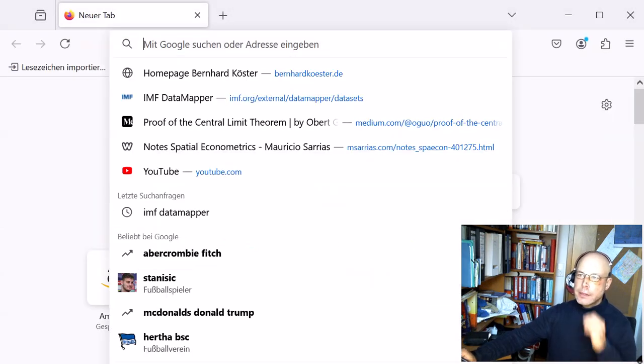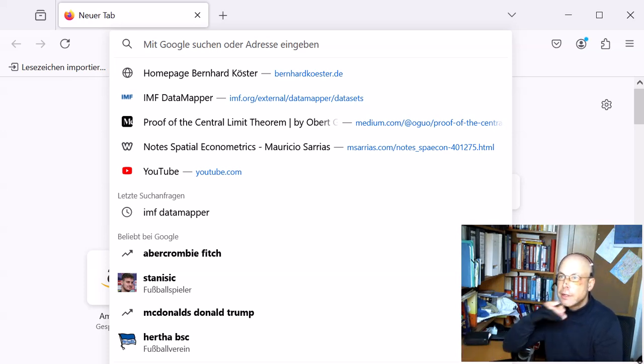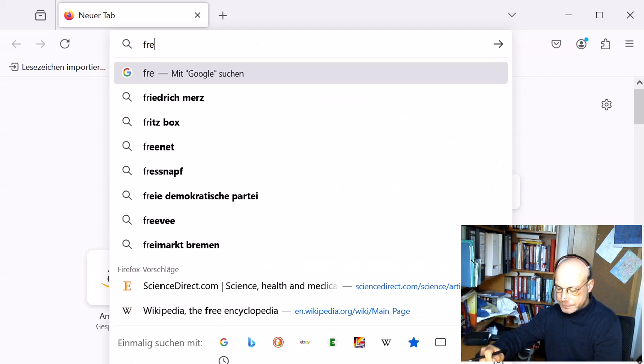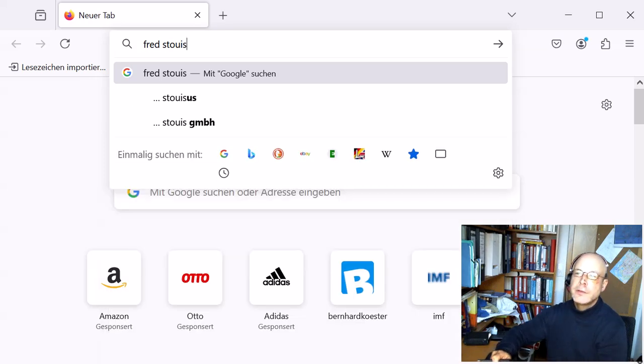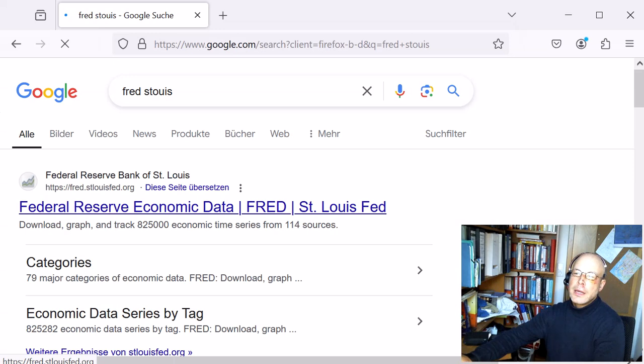If you look also at the explanations for your term paper, there is one data bank from the Federal Reserve System, and this is from the Federal Reserve Bank of St. Louis.